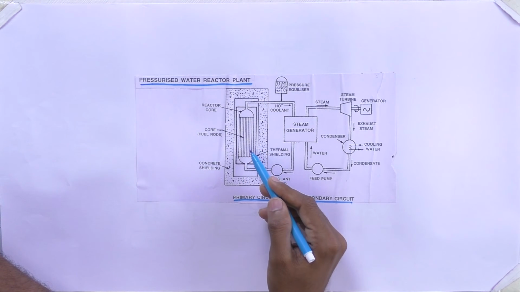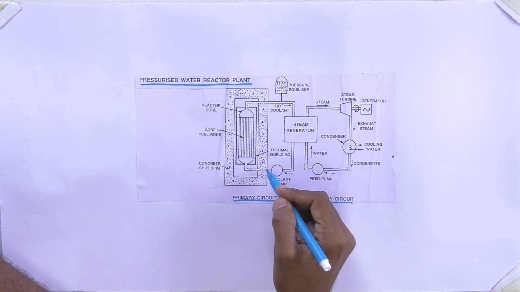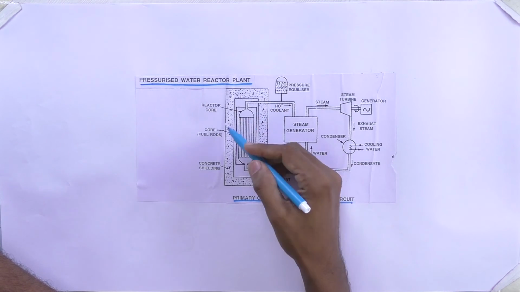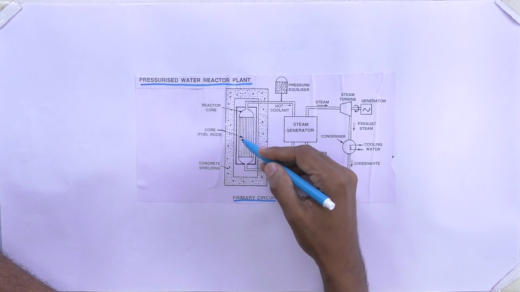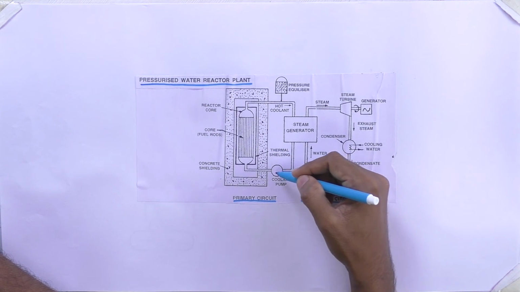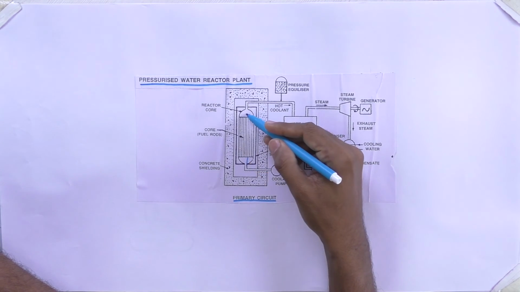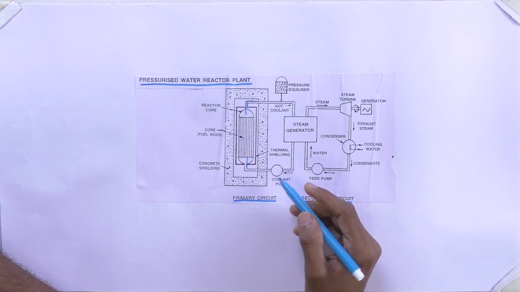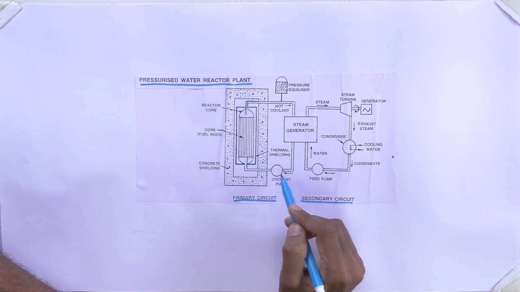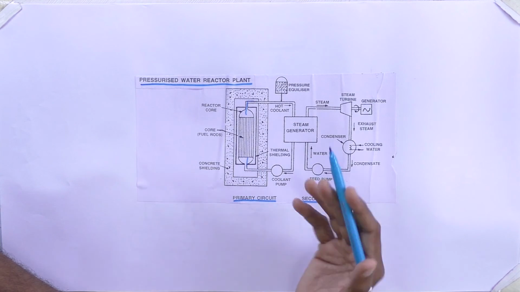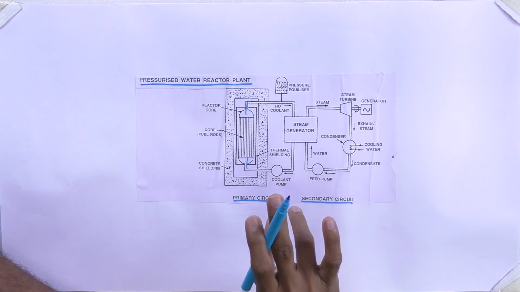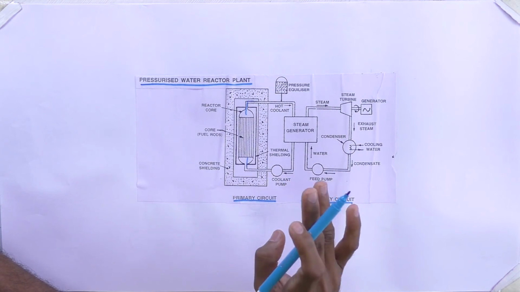Here the fuel is uranium, and fission takes place inside it. So an enormous amount of heat energy spreads inside the core fuel rod area, and the coolant water sent through this way absorbs the heat from that energy. The water may be converted into steam, or high pressure water, the hot coolant, will come out.